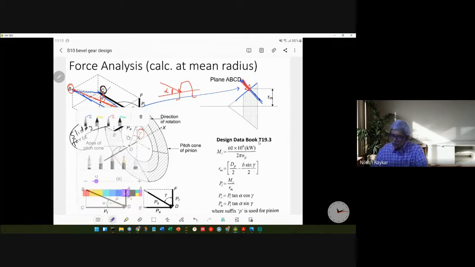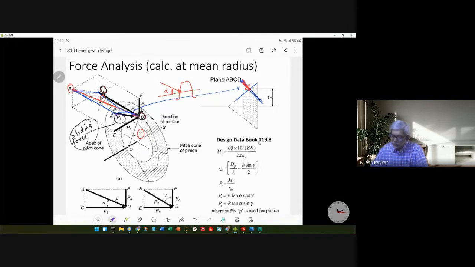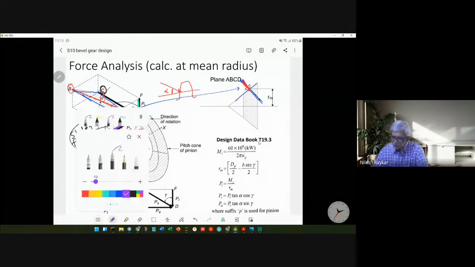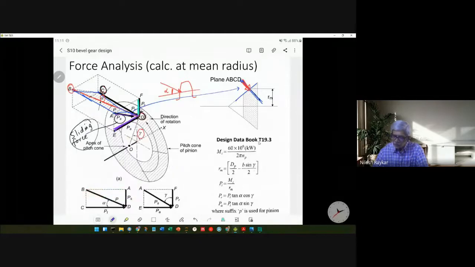And the sliding force, this particular component, can be resolved into two components. One is the axial force component and another is the radial force component. So these are the three different components which we are familiar with: the thrust or axial component, the radial component, and the tangential force component.